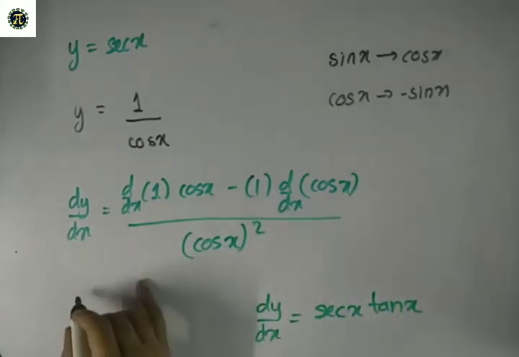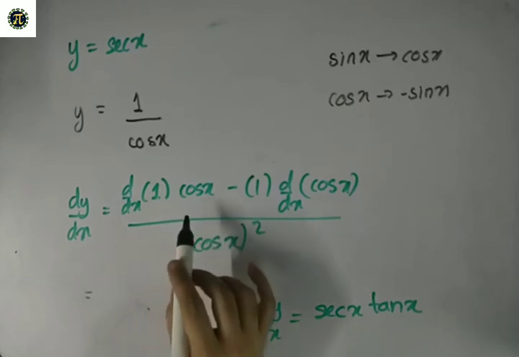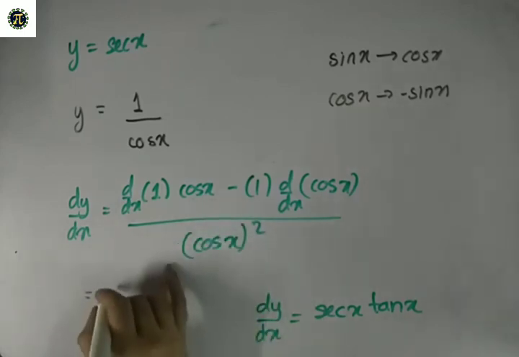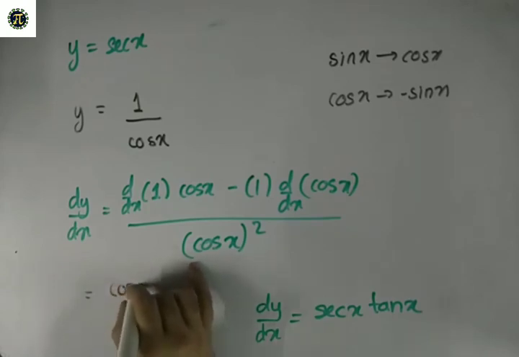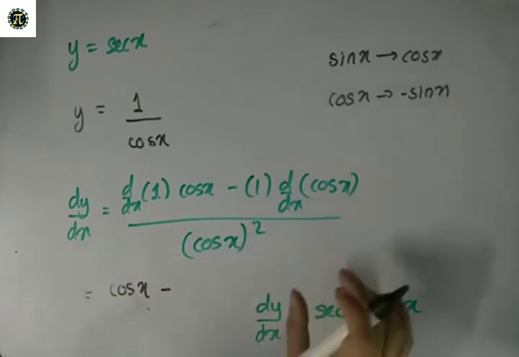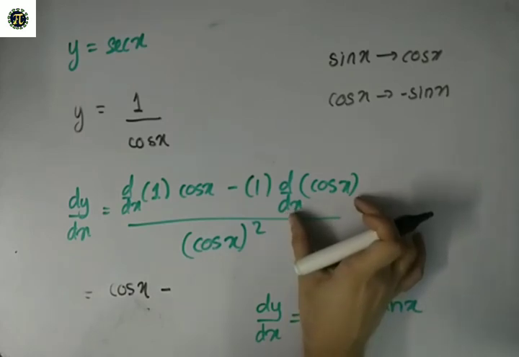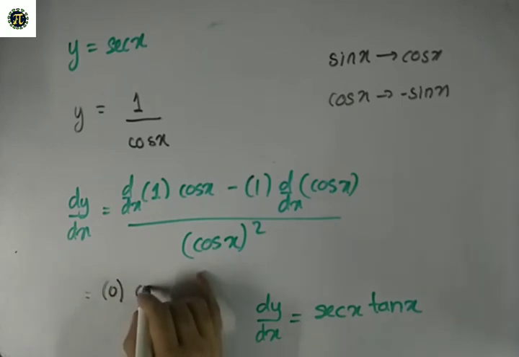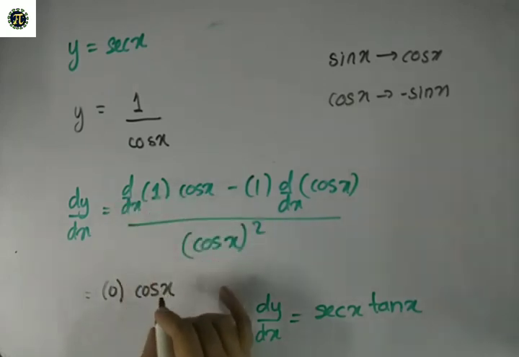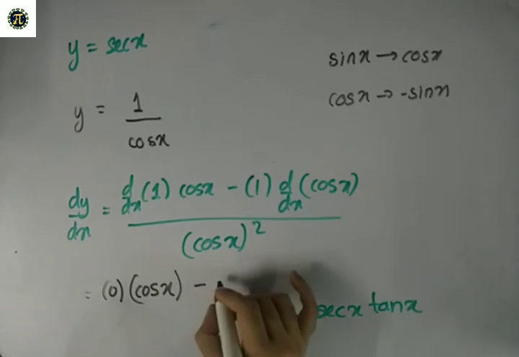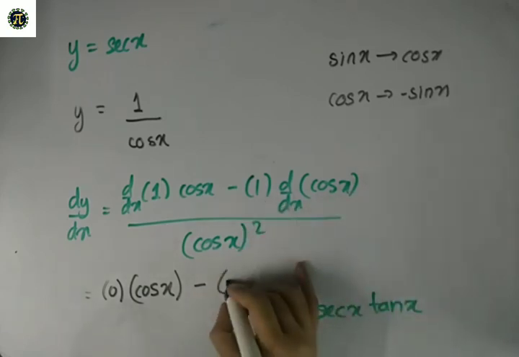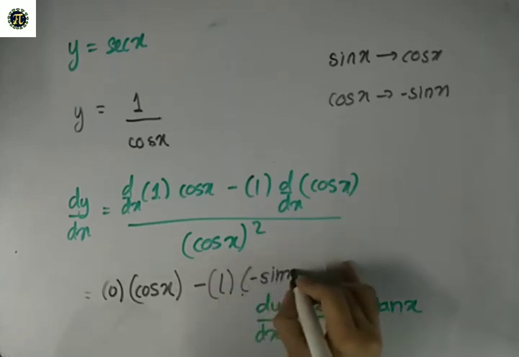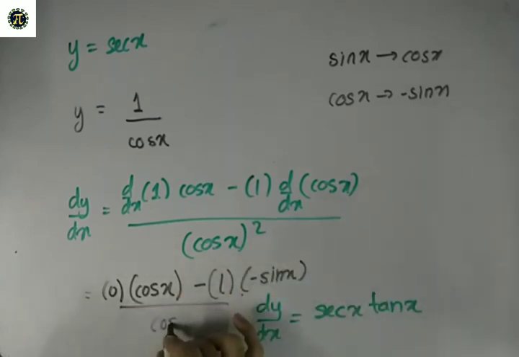And what do we get? Some people will say here sin x will come. So sorry, this is 0 into cos x. I'm sorry, the differentiation of 1 is 0, so the 0 into cos x minus 1 times differentiation of cos x, that is minus sin x, right? So 1 into minus sin x divided by cos square x.